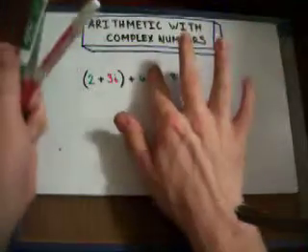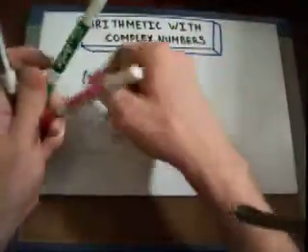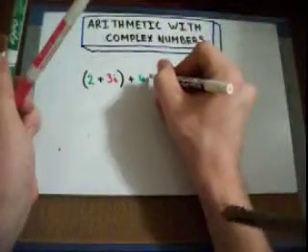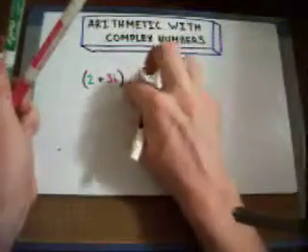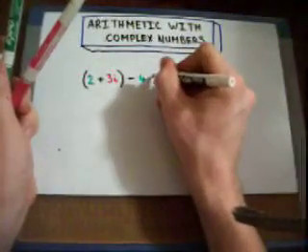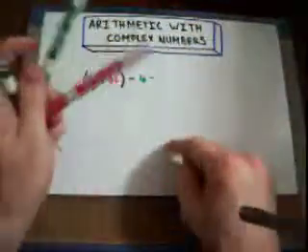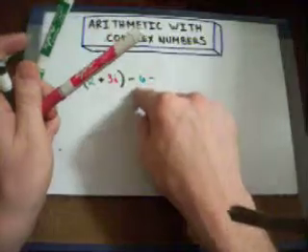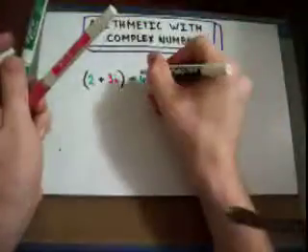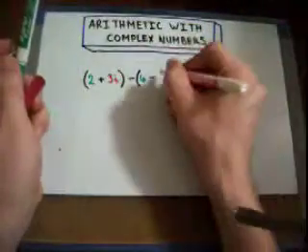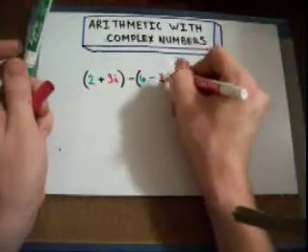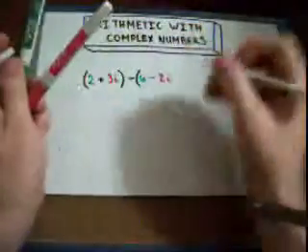Well, what if instead of plus 6, I did minus? What if I wanted to add another complex number, 2 plus 3i minus, and I'm going to think of this as a whole complex number, I don't know, 2i, just spit out a number.